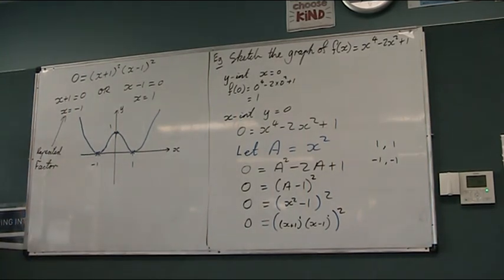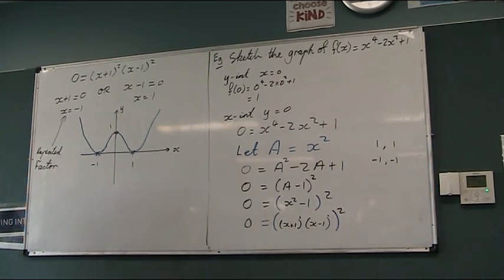Would you have to show the turning point if it was not on the y-axis? Quite possibly, but then you'd use calculus to do that, which we haven't done yet. It may not necessarily be the midpoint of the intercepts.